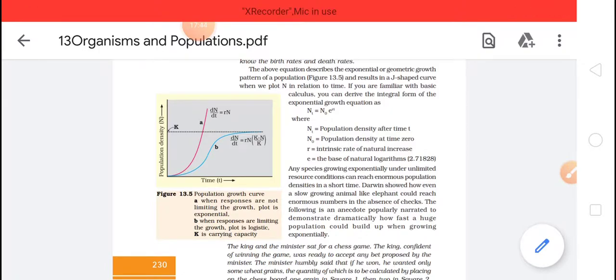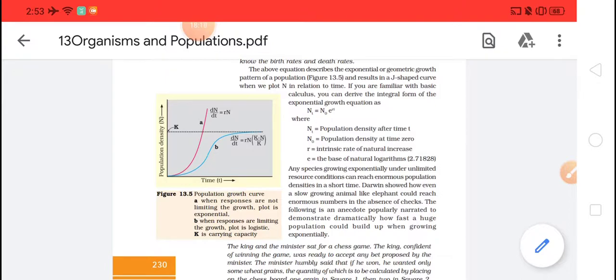If the population is getting good food and a good area to reproduce, then we will get an exponential curve, which is given in red. This is when resources are not limiting the growth. The plot is exponential, growth is continuously happening in that area in a given period of time.